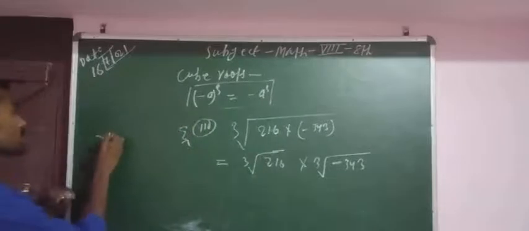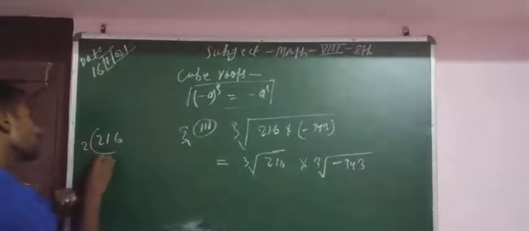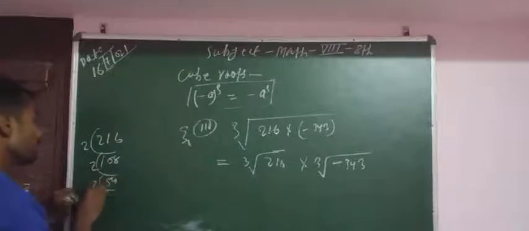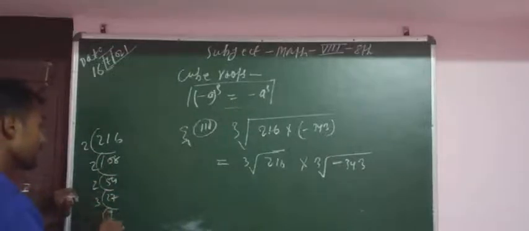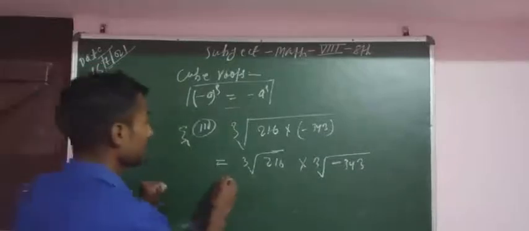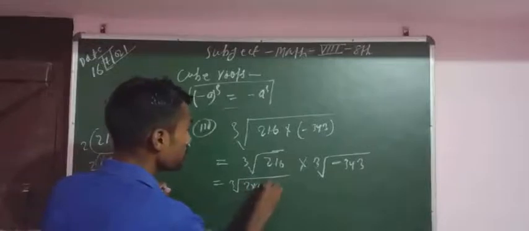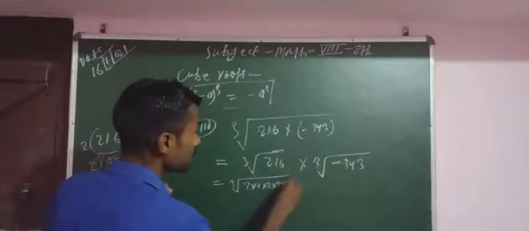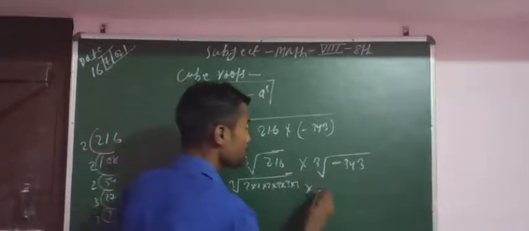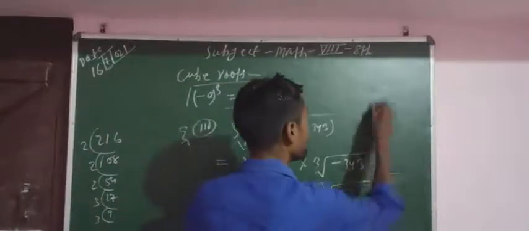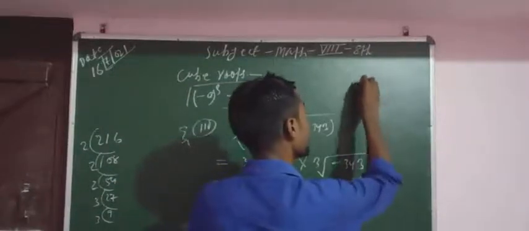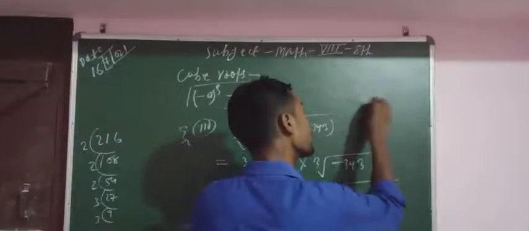So 216, 2 times 108, 2 times 54, 2 times 27 and 27 is 3 times 9 and 3. So that means this can be written as cube root under 2 into 2 into 2 into 3 into 3 into 3, and 343 can be written as 7 times 49, 7 times 7.